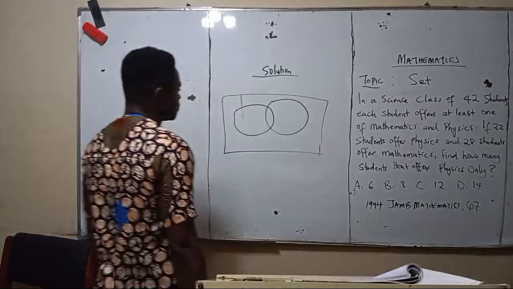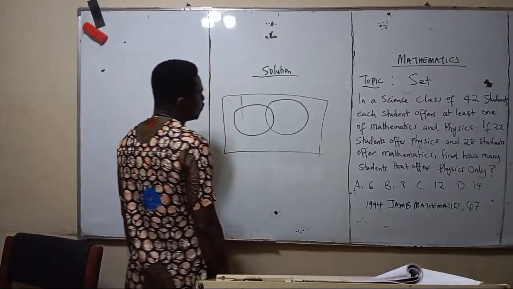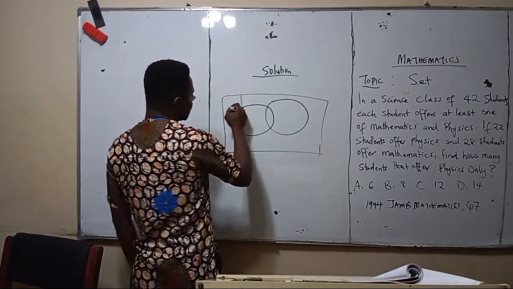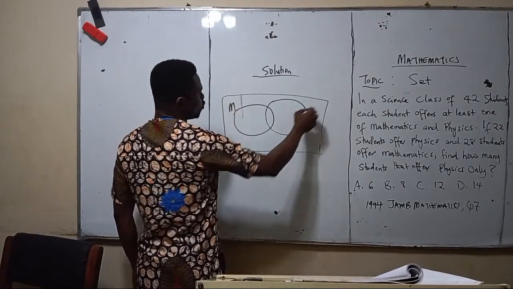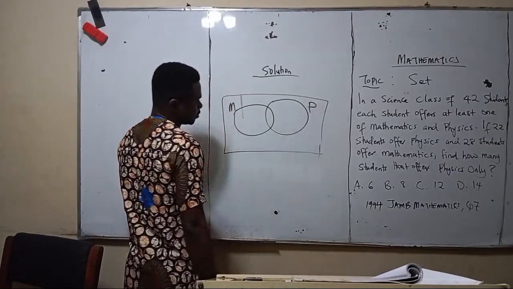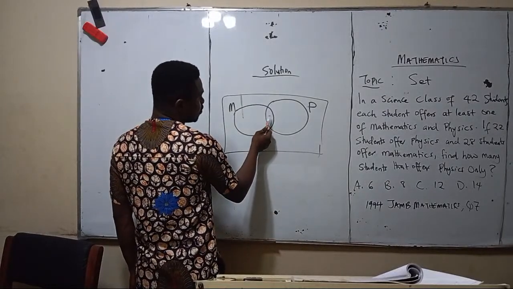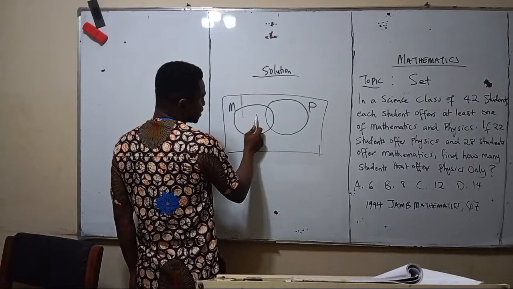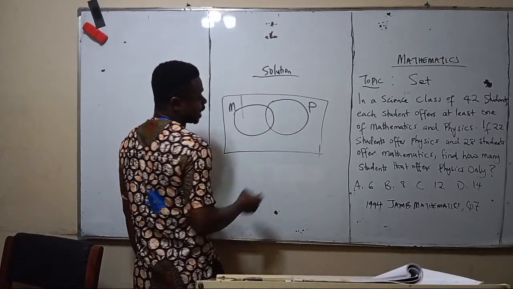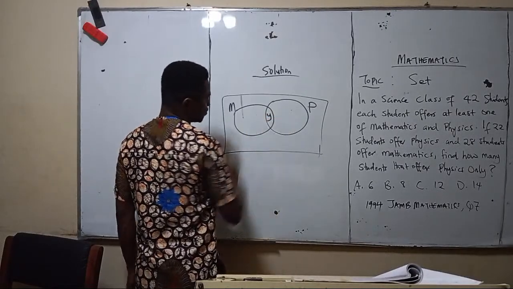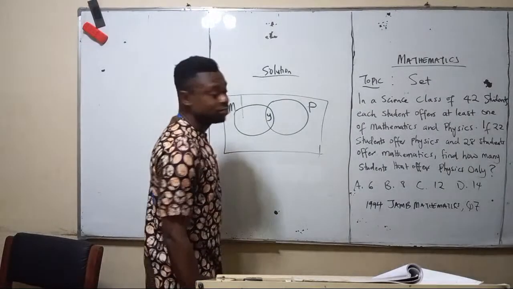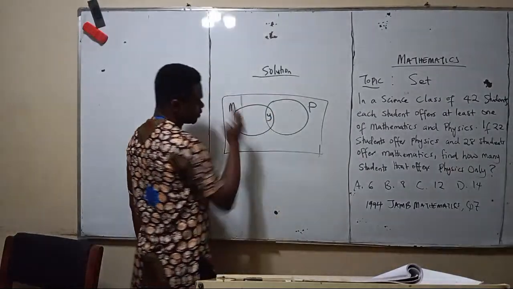Let this here be mathematics, M, and here be physics, P. Some students are doing both mathematics and physics. I can call this Y, to designate the number of students doing both mathematics and physics.